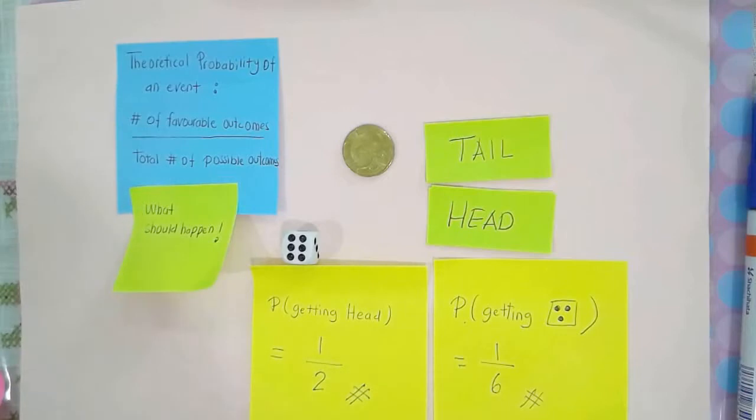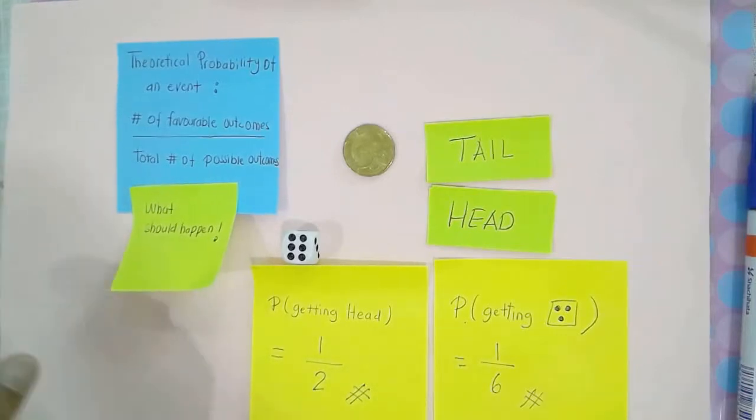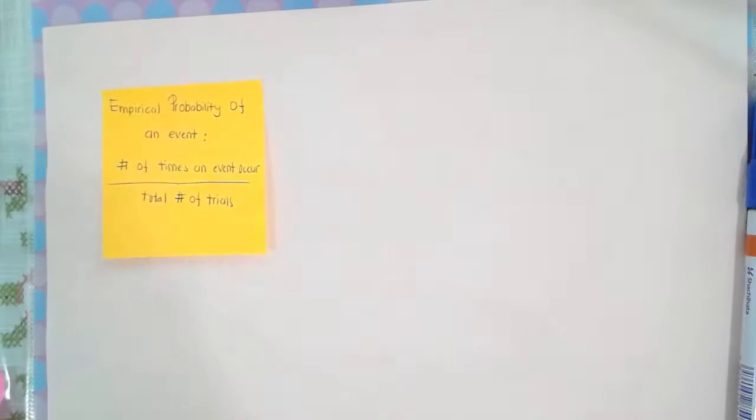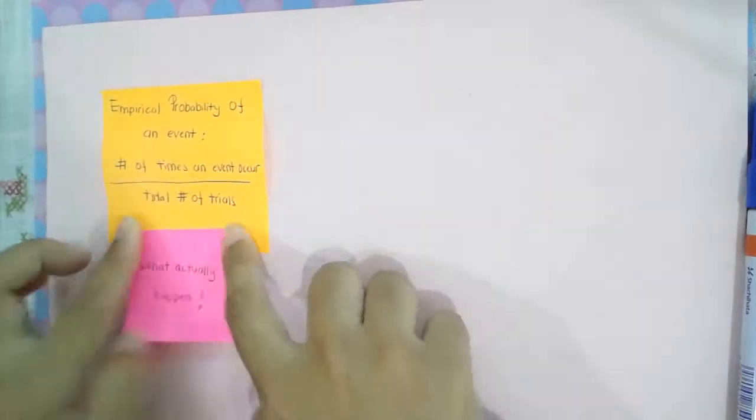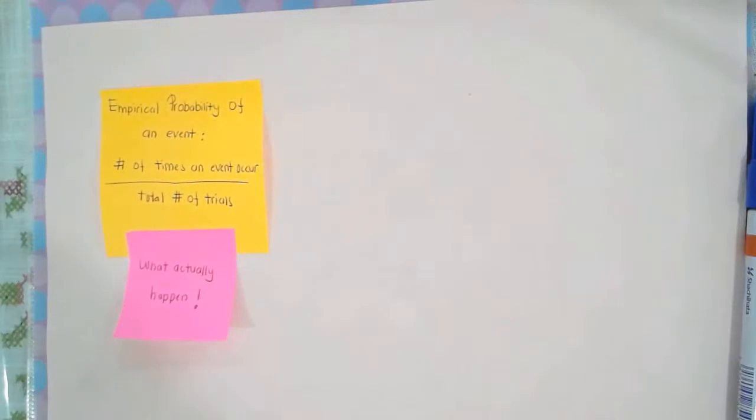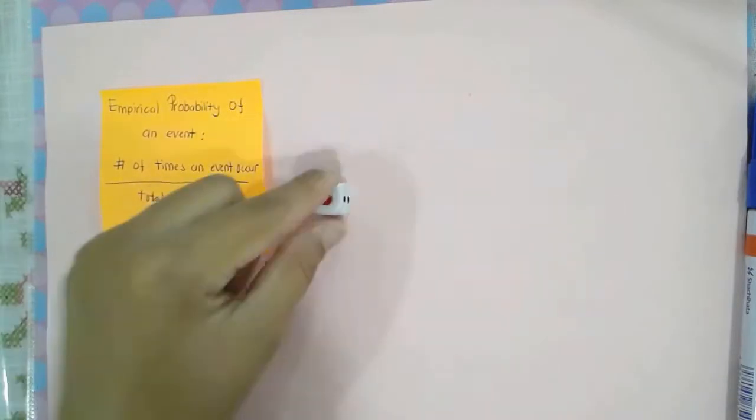Let us take a look at an example of empirical probability. Let us start back with the definition. Empirical probability is simply the probability of what actually happened. So let us go back to our experiment of rolling a die.